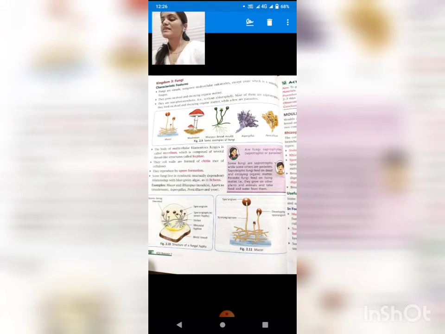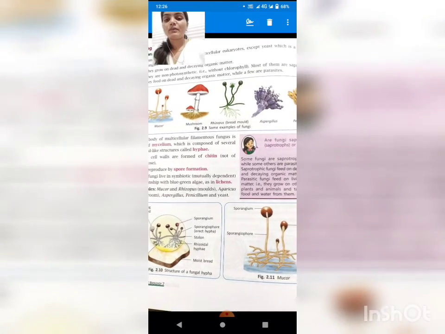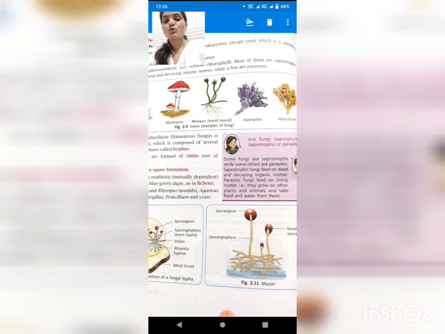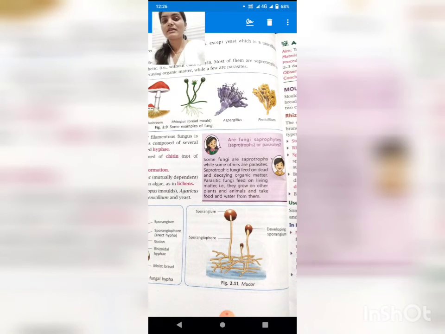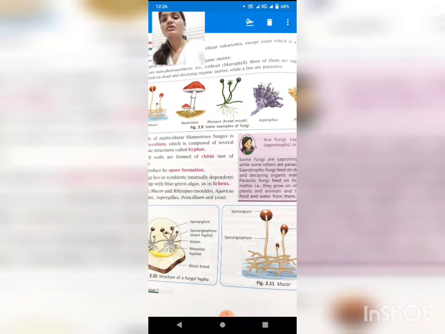Here are some examples of fungi given in figure 2.9: mucor, mushroom, rhizopus, aspergillus, penicillium, of which mushroom is an edible fungus. Understood, students? Mushroom is the fungus which we are able to eat.